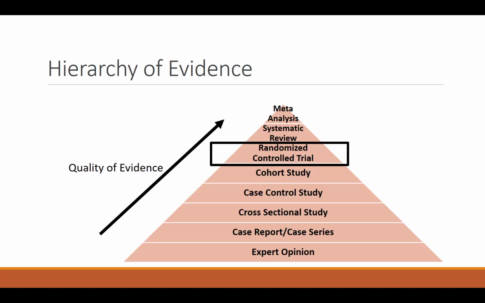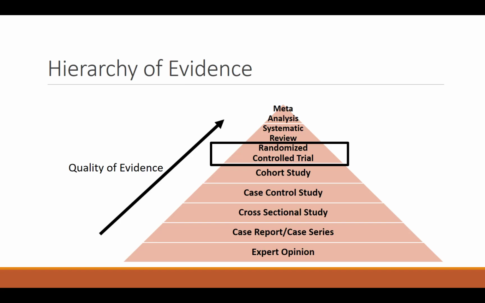Just wanted to recap our hierarchy of evidence pyramid to start this lecture. We know that going from expert opinion up through case reports, through cross-sectional studies, through cohort studies to RCT, the quality of the evidence goes up. This typically means that the internal validity of the study will also be going up.